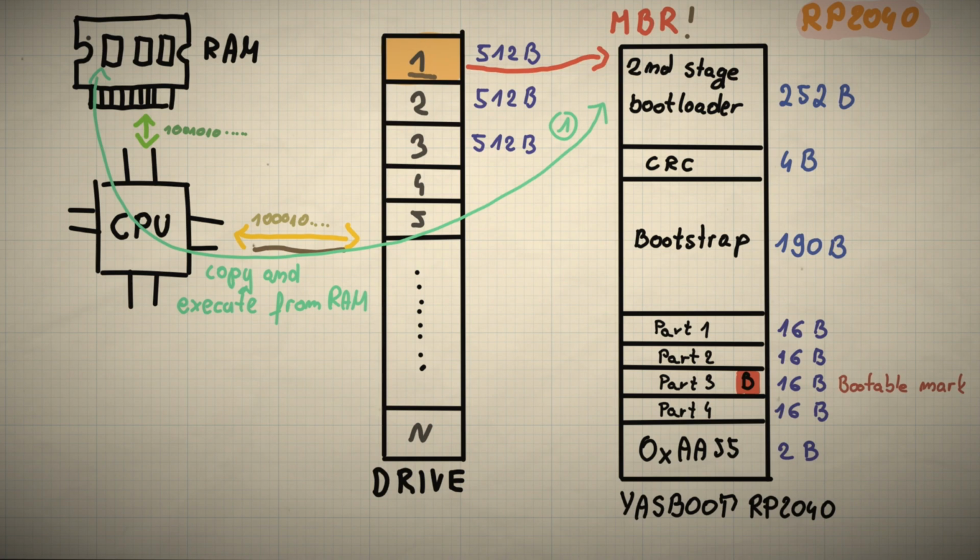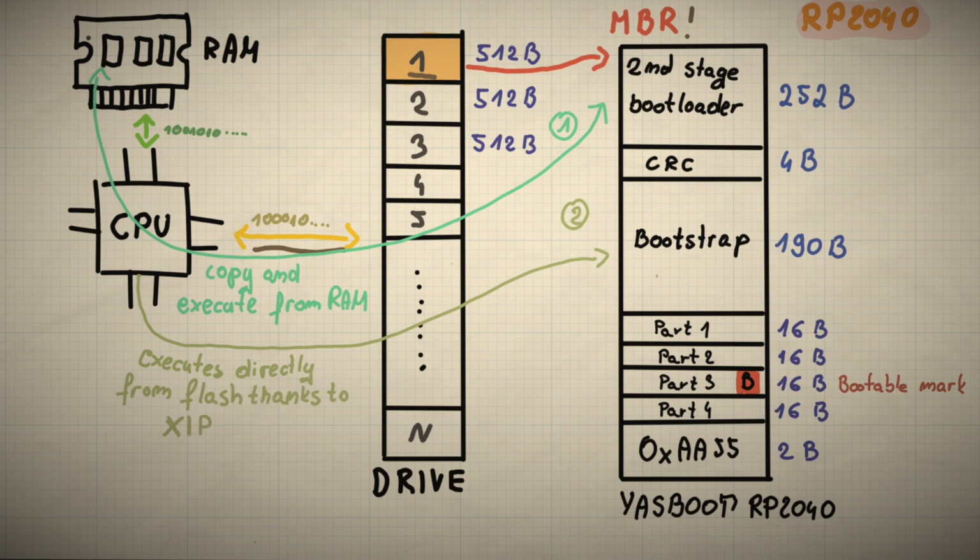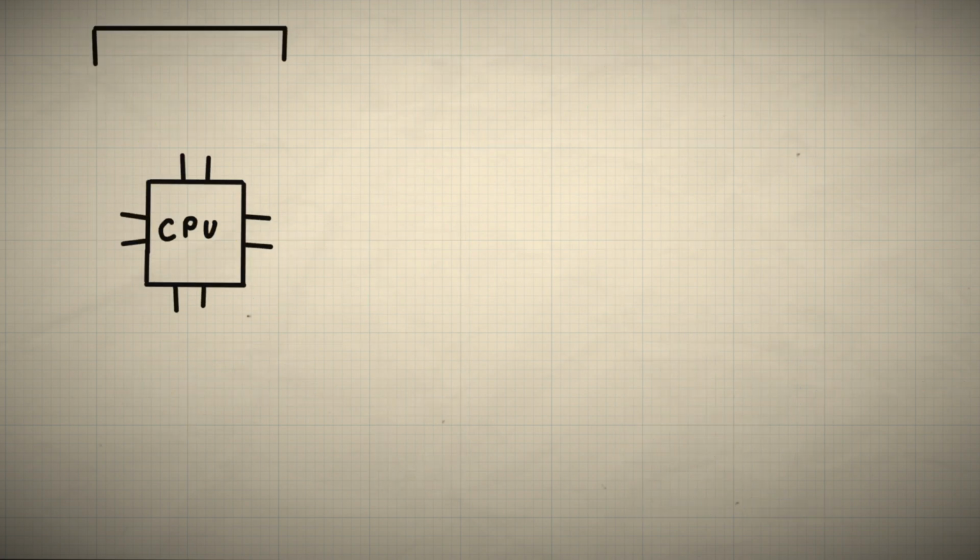That code initializes flash memory to support execute in place mode and jumps to the bootstrap code, which is needed to execute the ASBoot.